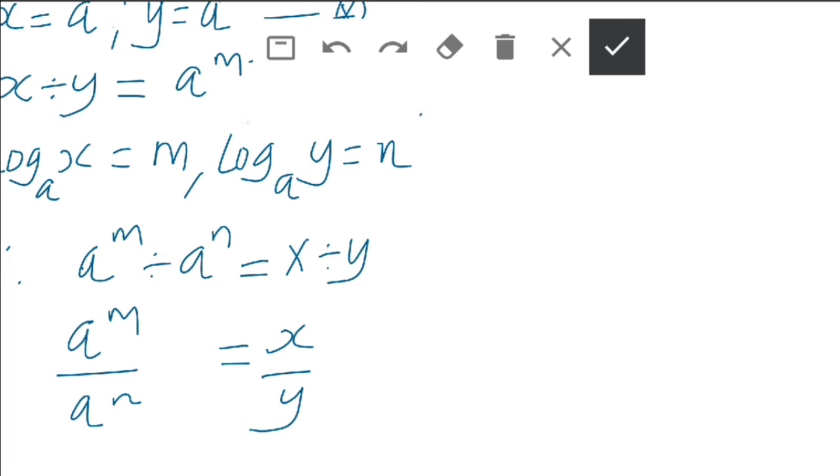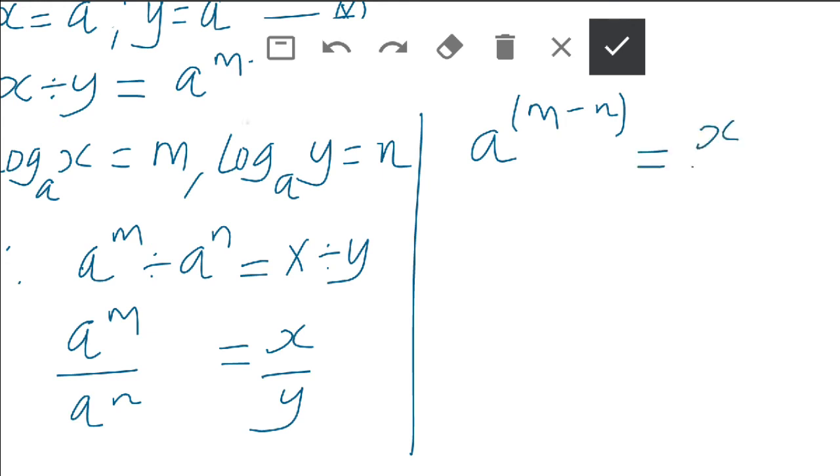On the left hand side we can use the laws of indices to combine it. So we shall have a to power m minus n, because we are dividing, and that should be equal to x over y.